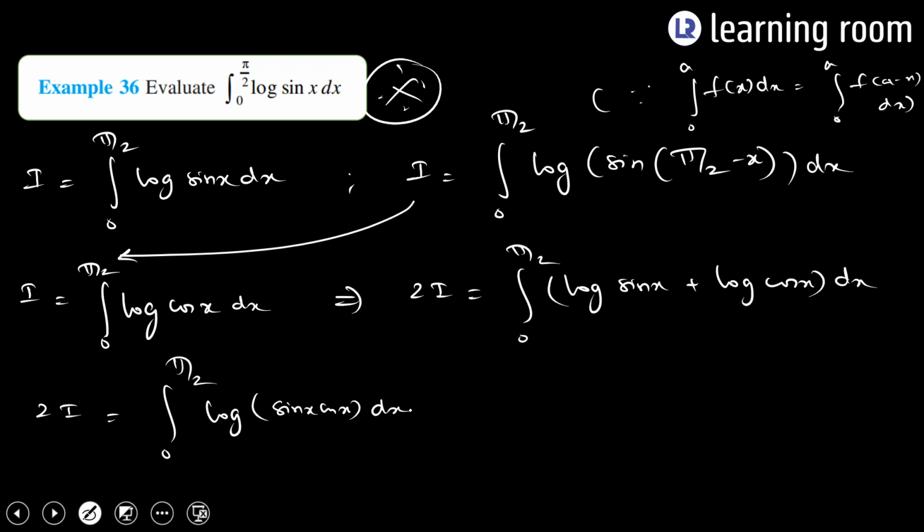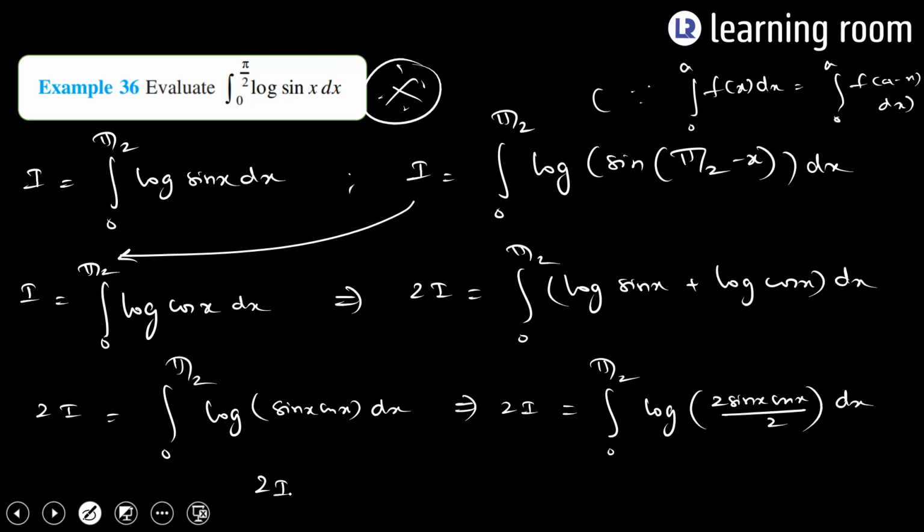So 2I will be equal to integral of 0 to pi by 2 log of, see what I'm going to do is I'll multiply and divide with 2. So 2 sin x cos x divided by 2 times dx. So 2I will be equal to integral of 0 to pi by 2 of (log sin 2x minus log 2) dx, because 2 sin x cos x is sin 2x.